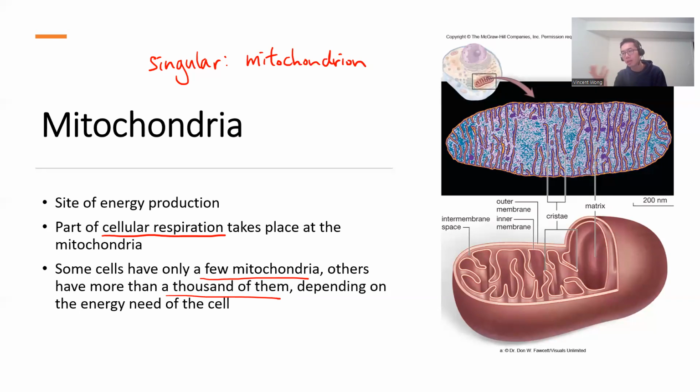So there's a recurring theme here that I'm trying to present to you. All the cells would have all of these organelles. However, depending on the function, some cells might have more of one type than the others. I already gave you a few examples. Write it down if you missed it earlier. For example, as we just said, the muscle cells might have more mitochondria because they need more energy. Do they have smooth ER? Yes, they do. But do they have a lot of it?